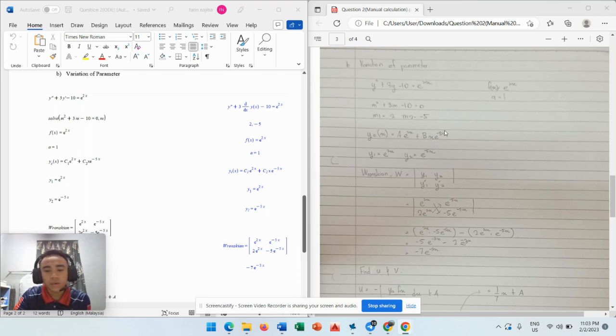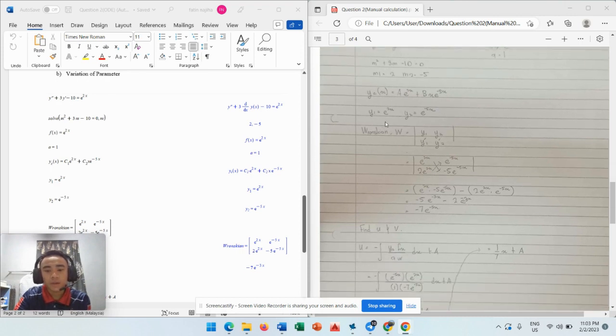After that, we find the yc from the root and we get a exponent to x plus b exponent negative 5x. After that, we need to find y1 and y2 and we get this.